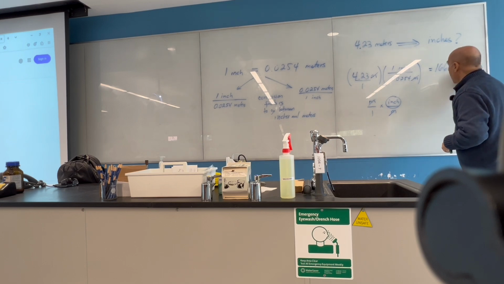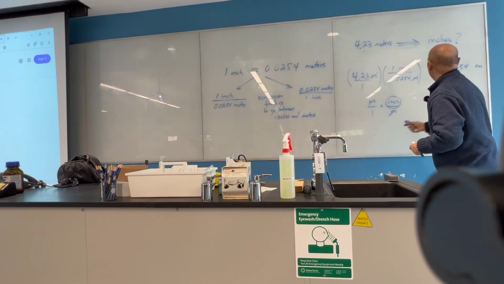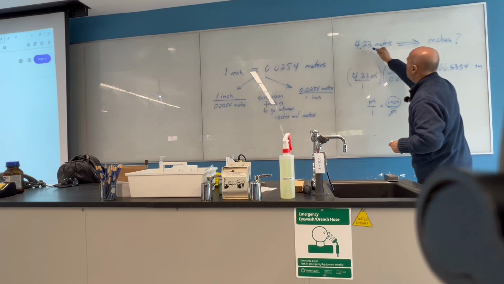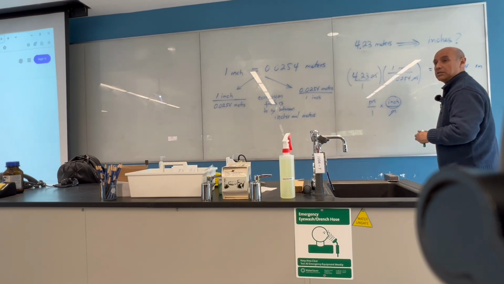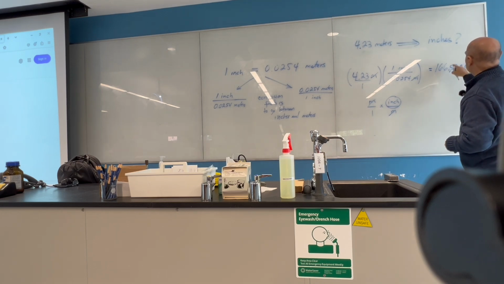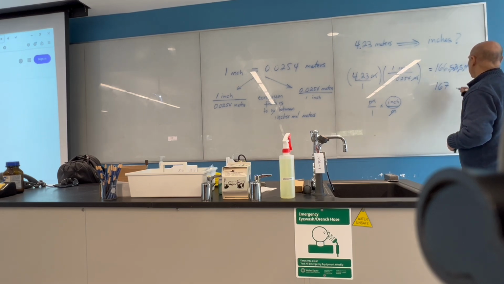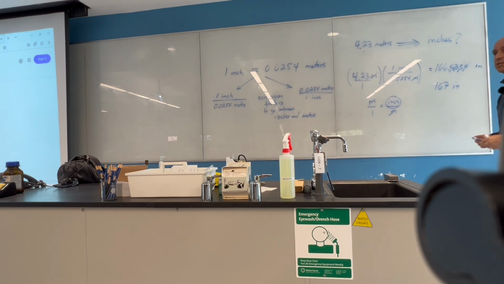It cannot be more accurate than what I measured. So I have to reduce this number to 1, 2, 3 significant digits. So I have to get rid of that, that, and that. This is a 5, so this is going to be increased by 1. And my answer at the end of the problem is 167 inches. And that's it.